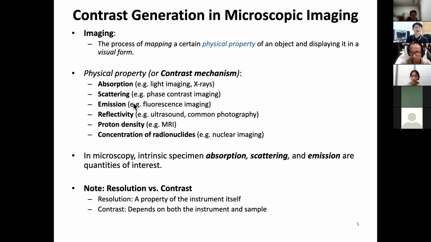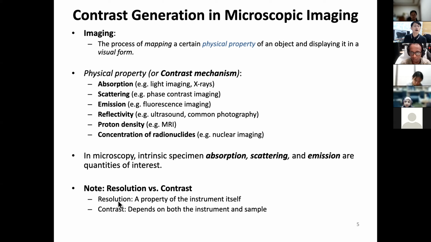So now you can raise the question: I heard about very important aspects of imaging. One is resolution and the other is contrast. And you can always ask, what's the resolution of this system, or what's the contrast of this image? I have a note that the resolution is a property of the instrument itself.